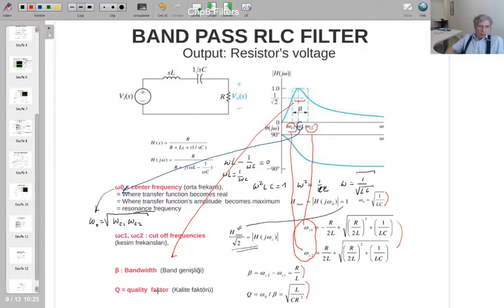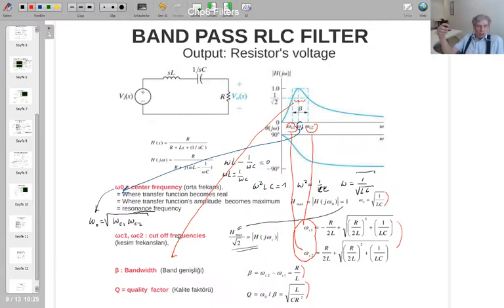Now we've got 1, 2, 3, 4, 5 measures related to the filter. The basic measures are these upper and lower cutoff frequencies, two of them. If you know these cutoff frequencies, then roughly you know your bandpass filter characteristic.